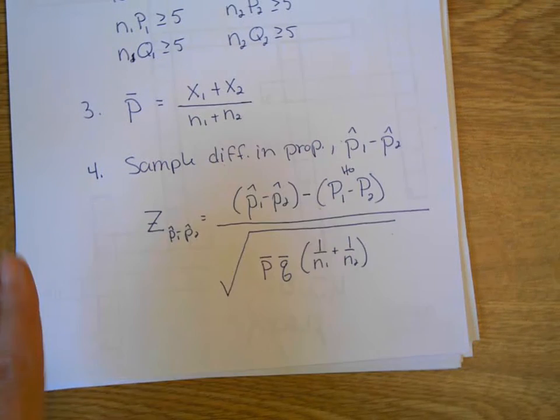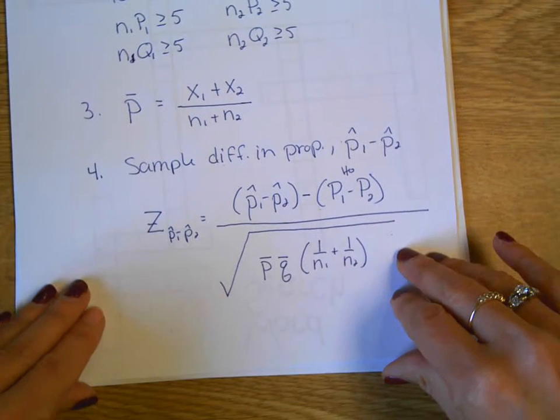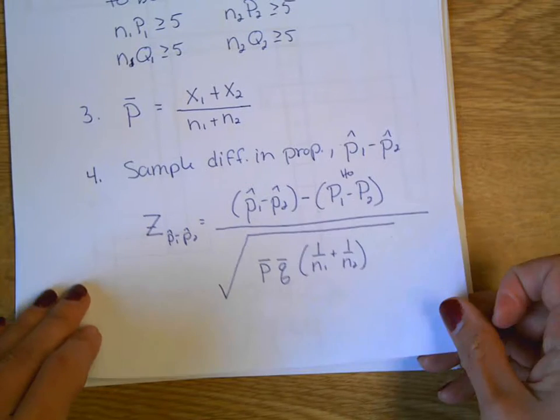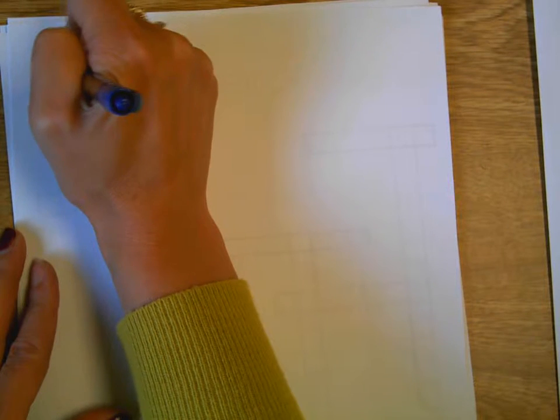So we'll go through one by hand using our formulas, one with a program and a confidence interval. All right, so it says, consider the results of the Journal of American Medical Association study discussed in the chapter opener.